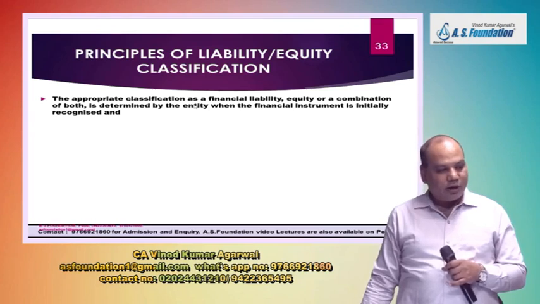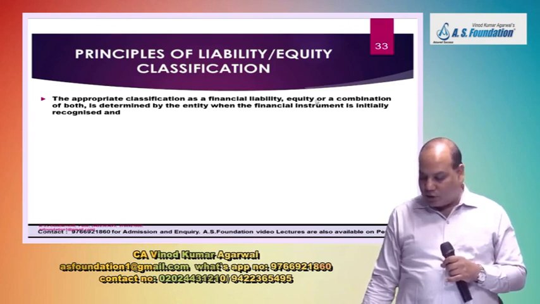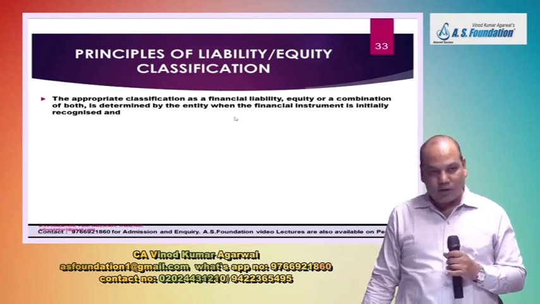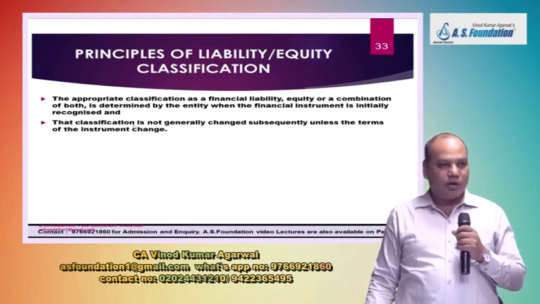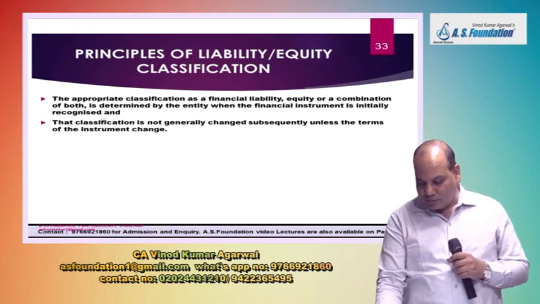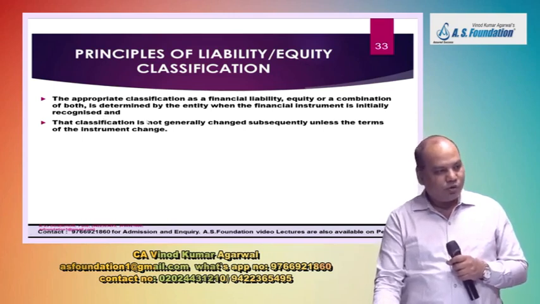The appropriate classification as a financial liability, equity, or a combination of both is determined by the entity when the financial instrument is initially recognized. So tomorrow you will become a CA and then you have issued some instrument.